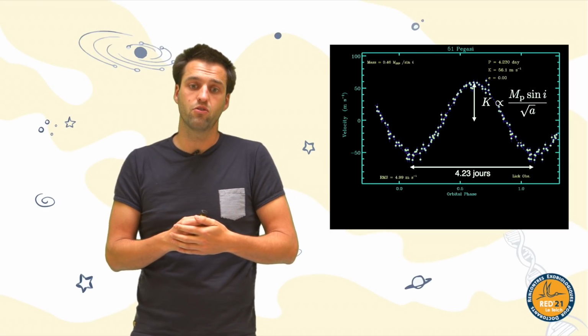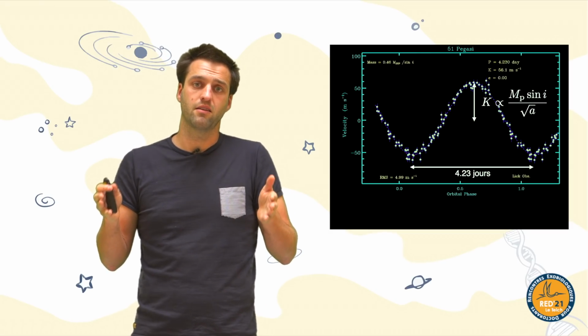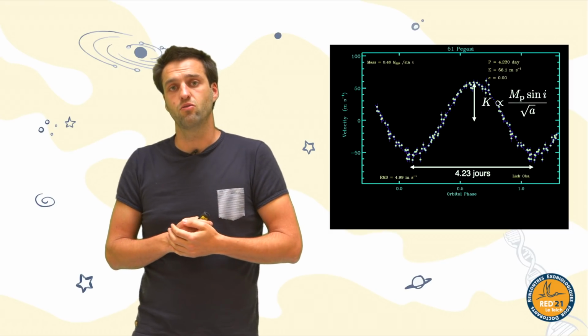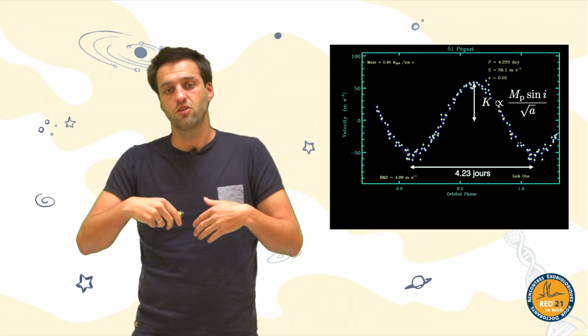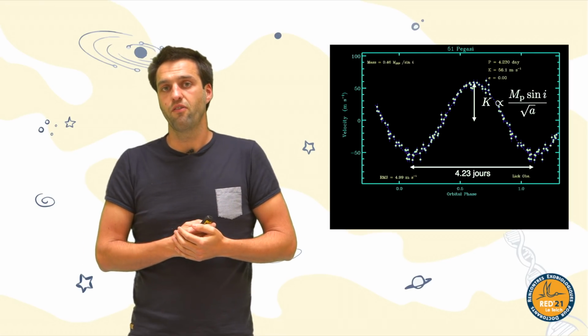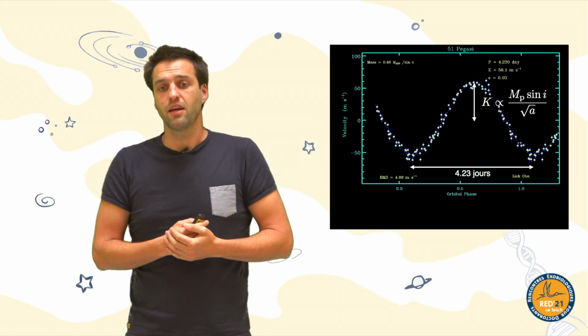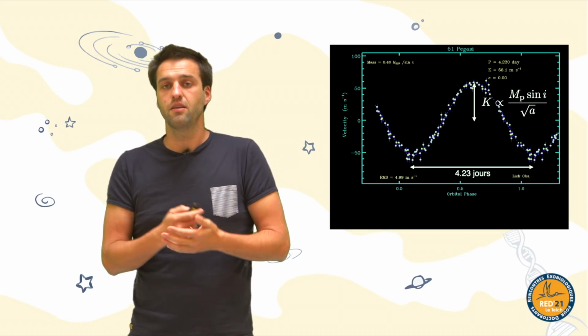And so here, because the period of the planet is much shorter, it means that this planet is much closer to the star, and so that's why we have such a large amplitude of this motion.